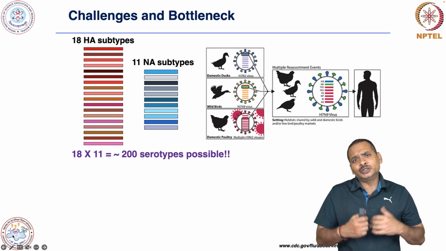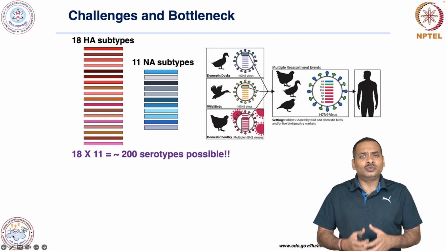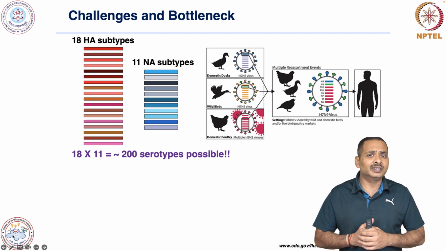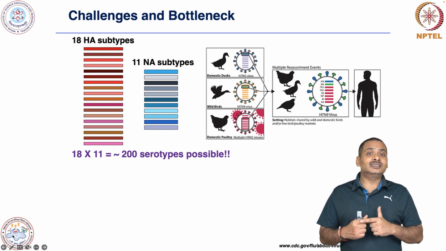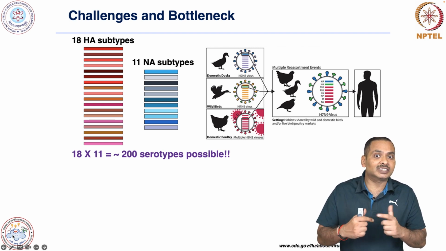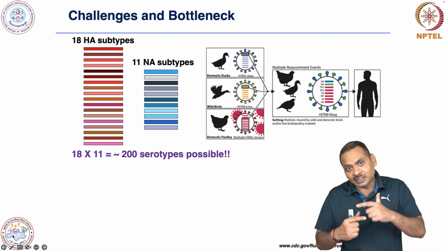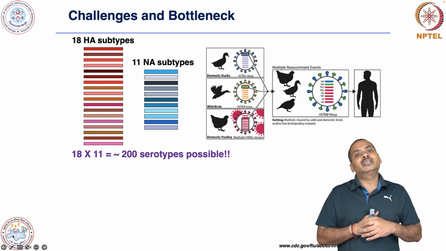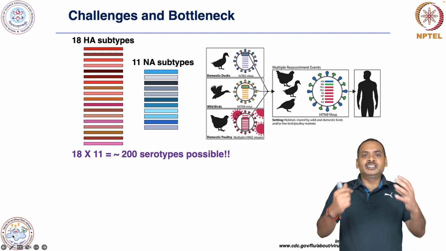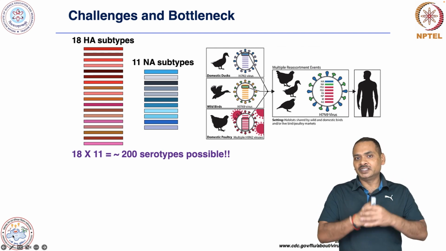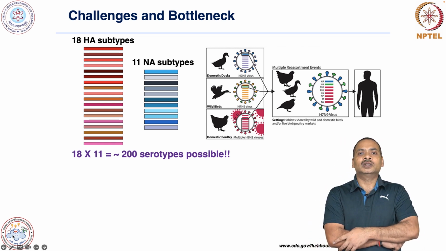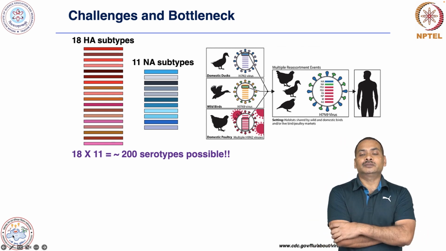When this host is infected with multiple influenza viruses, then there is a possibility of exchange of genomic segments. And when this exchange takes place, there is a possibility of creating a very dangerous virus which can infect humans or cause a pandemic.